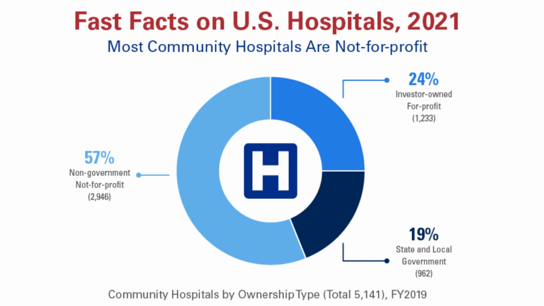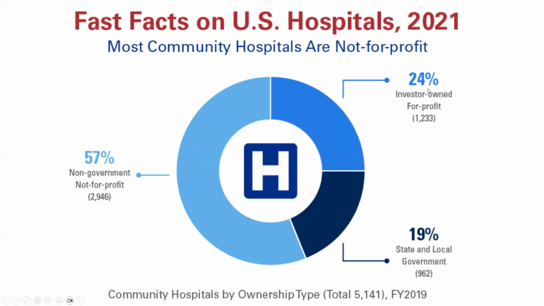About 24% of community hospitals are owned and operated by investors. So in this case, they literally have owners. At the end of the day, any profit that the hospital makes is turned over to the owners. And so they are for-profit entities. The difference between a for-profit and a not-for-profit is that at the end of the year, if there's any money left over in the form of profits, those profits can be given to the investors who own the entity, right?